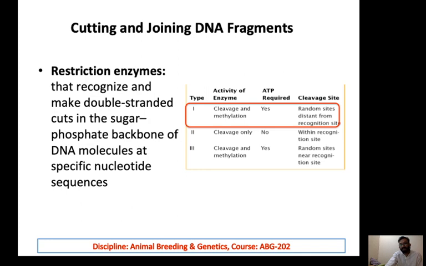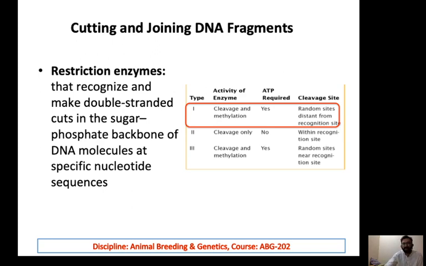So if the DNA has methylation after cleavage, they are able to add a methyl group to the DNA for its protection. And all this activity requires extra energy in the form of ATP. And they have random sites, distant from the recognition sites. So the recognition site is somewhere else and the cutting site is somewhere else.